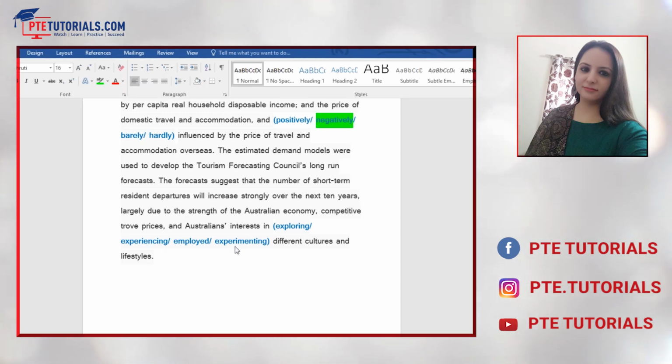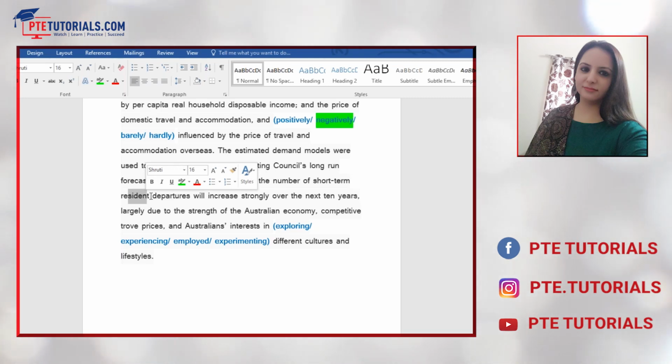Am I going to do any experiment here? Are they telling me about something like that? No. So I'm left with only experiencing different cultures. Now check the meaning. The number of short-term resident departures. Resident is a noun, here it is rendered as subject.